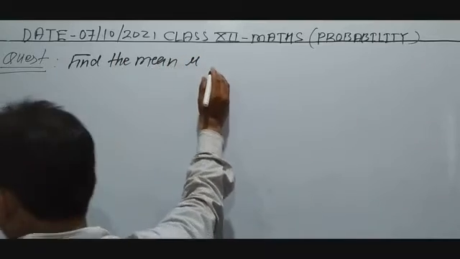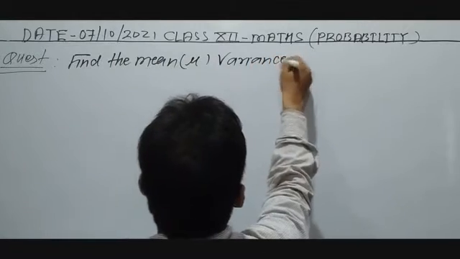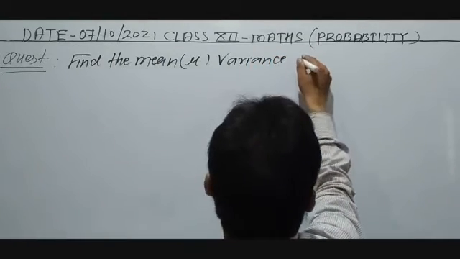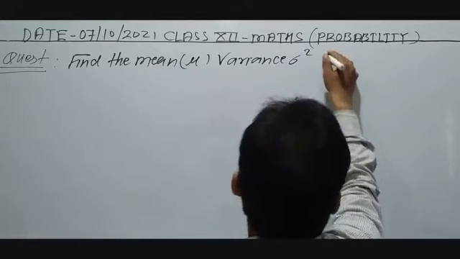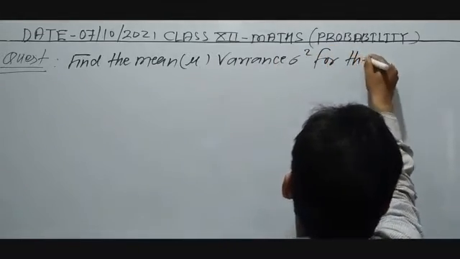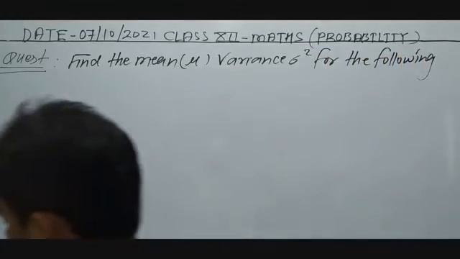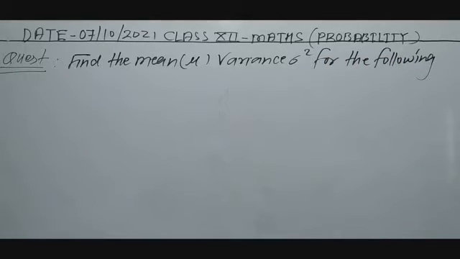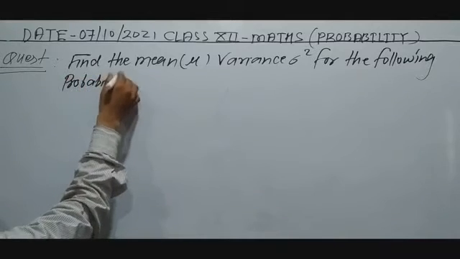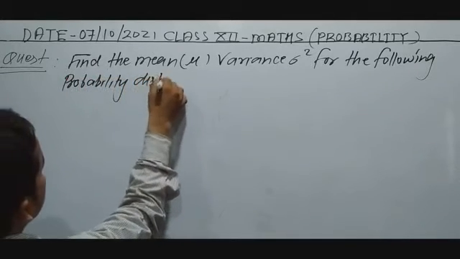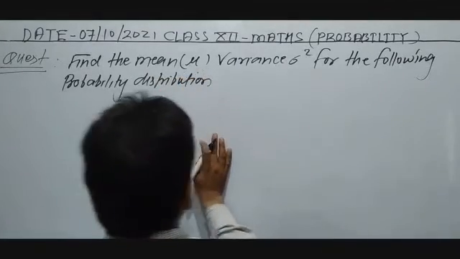Mean means mu, and variance is sigma square, the symbolic representation.